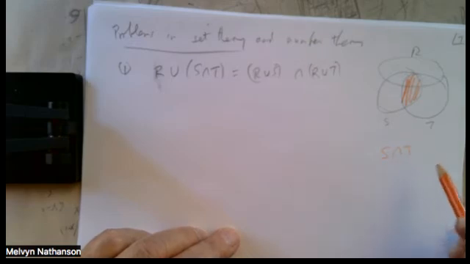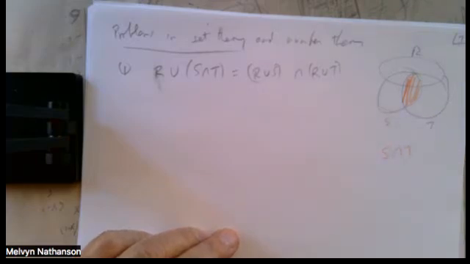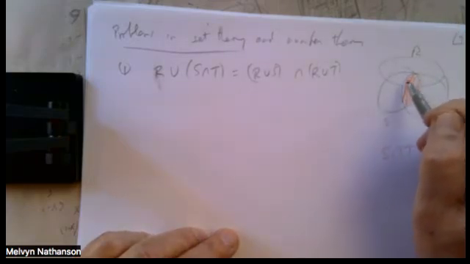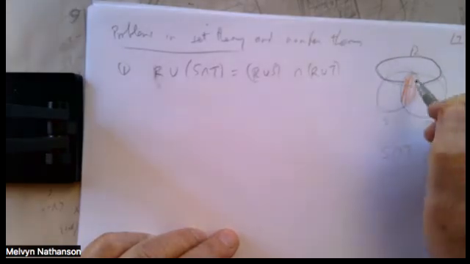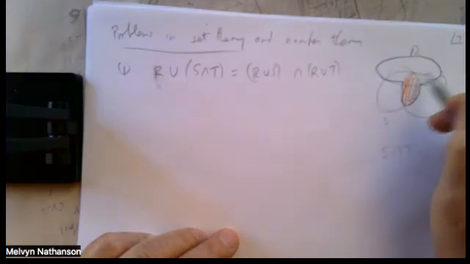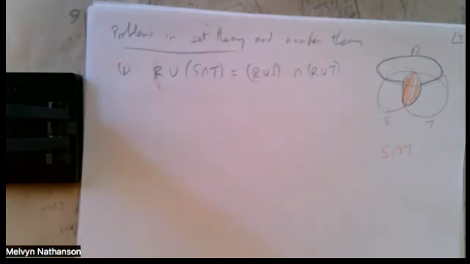So if I take R union (S intersect T), that means everything that's either in R or in S intersect T, it's all this.